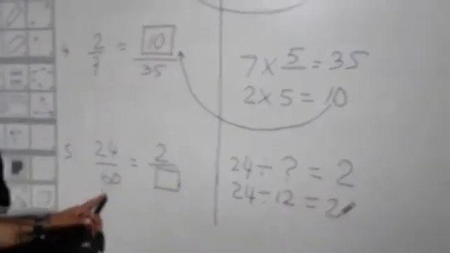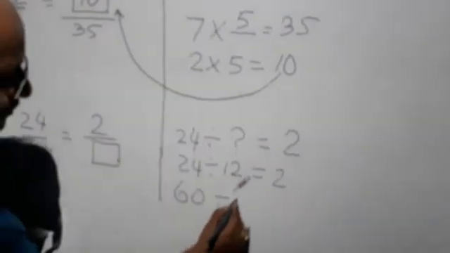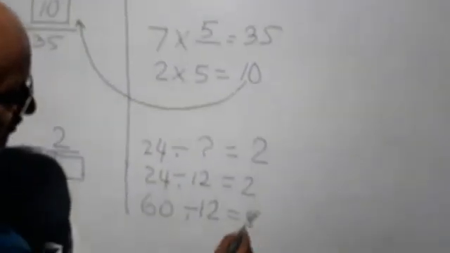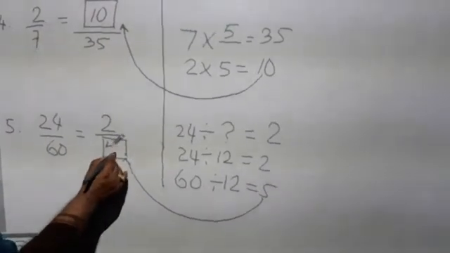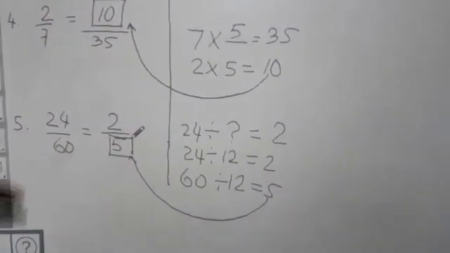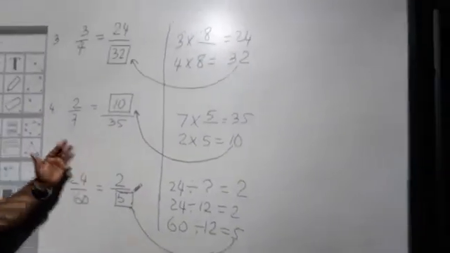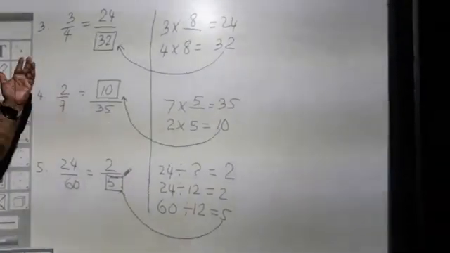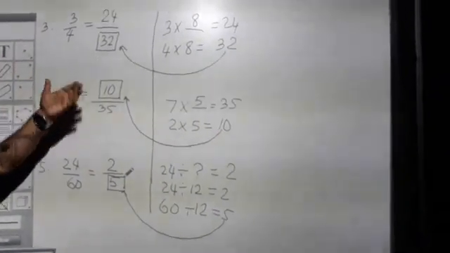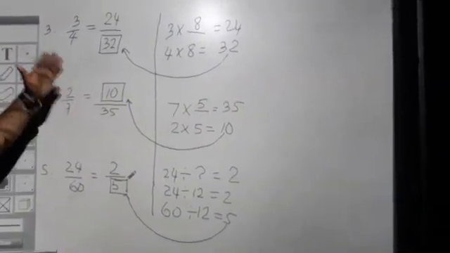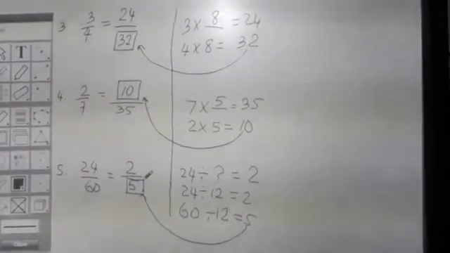So similarly we divide 60 by 12 and we get 5. So we put the 5 over here. Clear? So this way we know that to find the equivalent fractions, we can multiply the numerator and the denominator by the same natural number, or divide the numerator and the denominator by the same natural number. Clear?